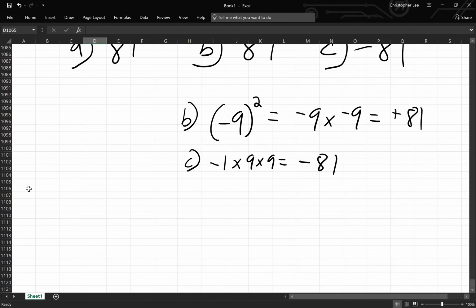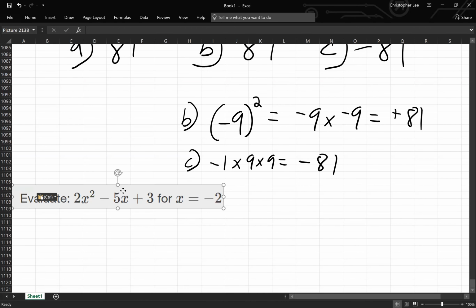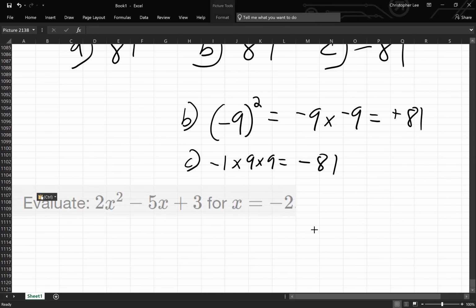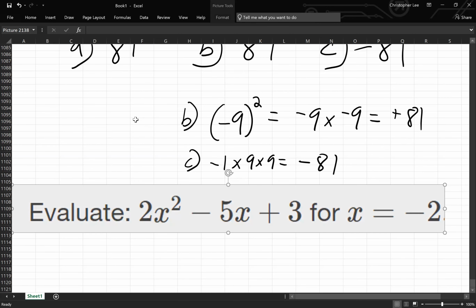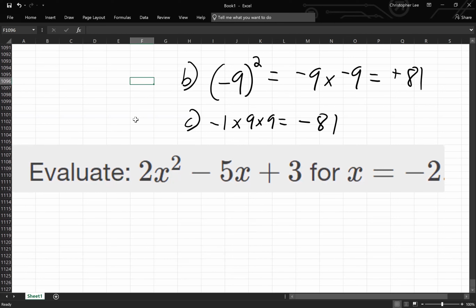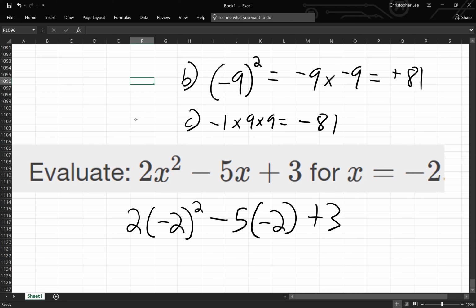I know this is somebody's homework question in here that's about to come up. How do I do this? Plug it in, right? This is 2 times -2 squared minus 5 times -2 plus 3. What's the answer? 2 times, what's that?